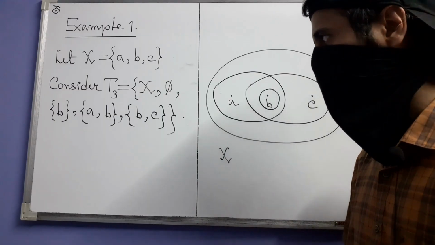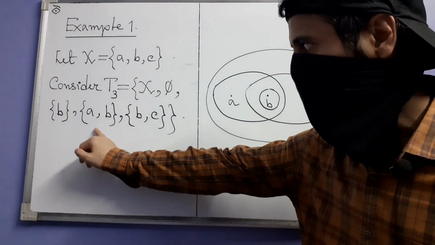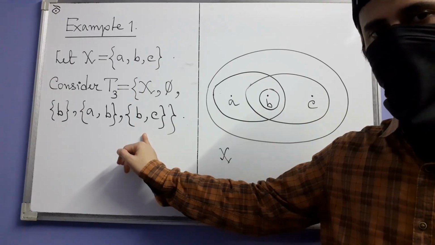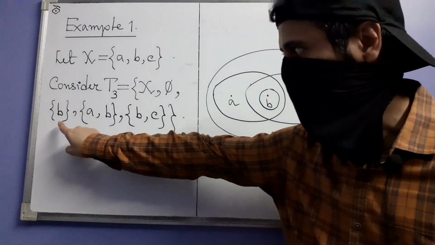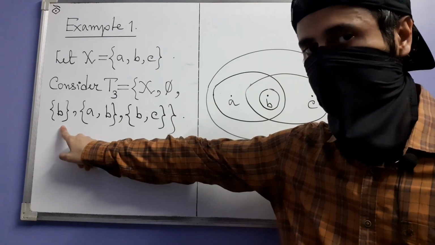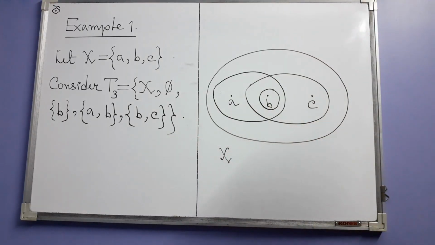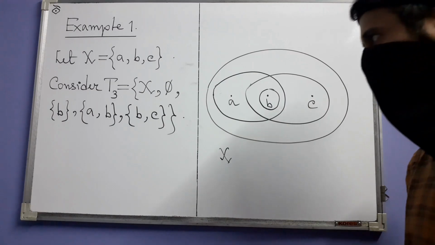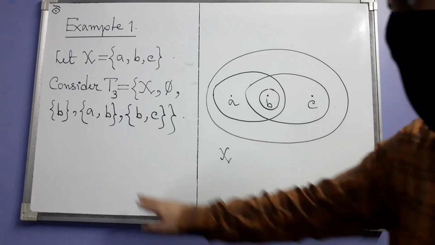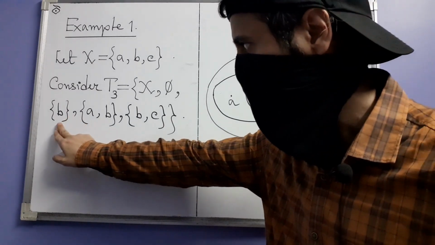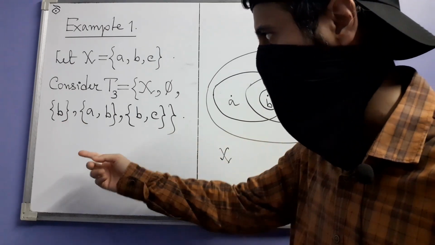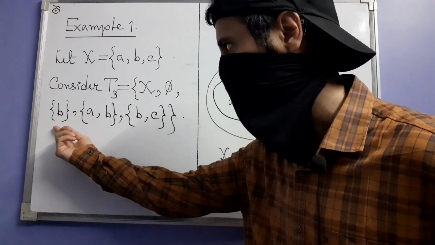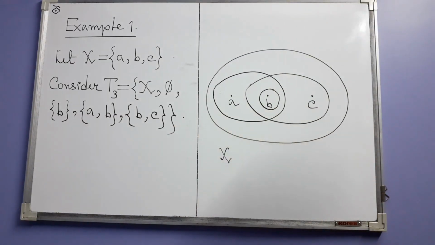In particular, the intersection of these two sets has to again be an element in T3, and that intersection is this set which is there. Okay. And what else do you see? If you take the intersection of this and this, the intersection will be this, because this is the subset of this. Same is the case if you take the intersection of this and this.